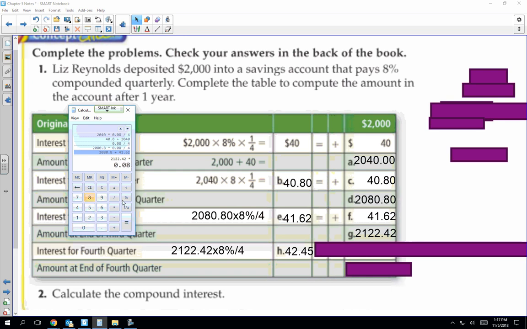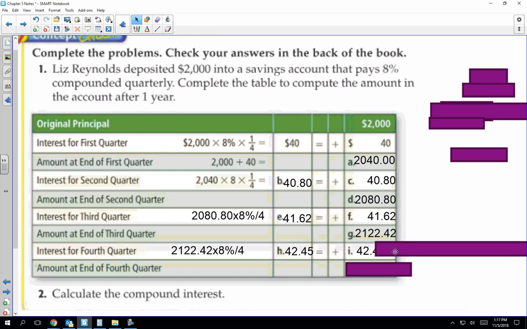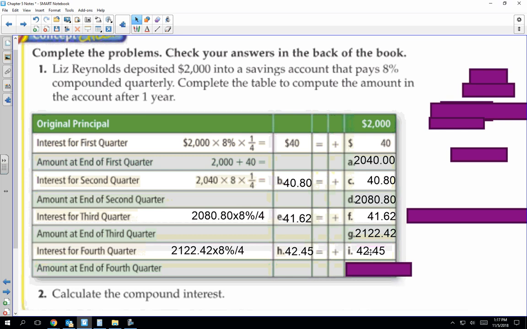So just so you guys can see it one more time on the calculator. $42.45, and I'm going to round that to 5 cents. That's the amount that goes in I, and then we add it to our 2122.42, and our grand total is 2164.87. That is the amount in our account after 1 year.